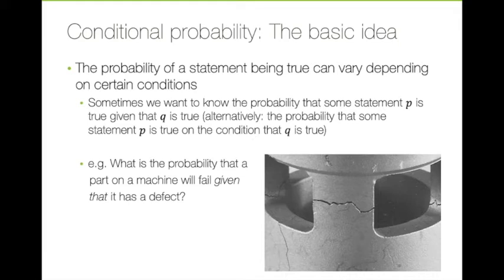We want to know the probability that P is true given that some additional statement Q is true. Or to put it another way, we want to know the probability that P is true on the condition that Q is true. For example, an engineer might want to know the probability that the part on a machine will fail given that it has a defect. This is a conditional probability.